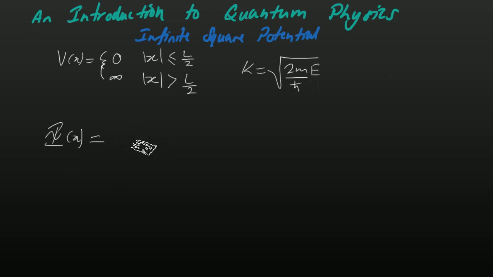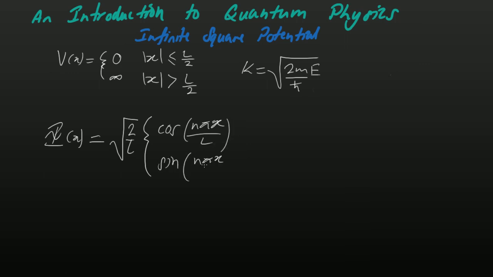Actually, I'll simplify it here. So we have square root of 2 on L times the two wave functions, and one is the cosine n pi x on L, and sine n pi x on L, and that's for all odd, and that's for all even.